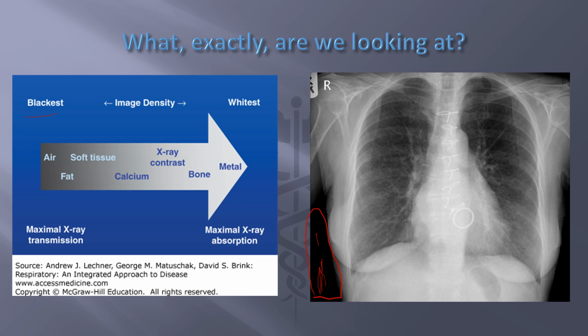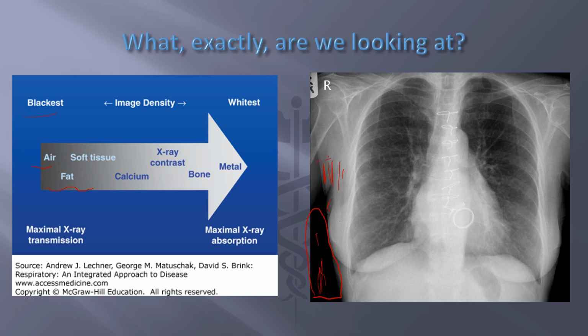So the blackest here is just air, and as it moves through the different tissue, skin, fat, muscle, gradually it starts to take up some of the X-ray radiation, and it doesn't make it to the film. Therefore, it starts the different shades of gray here.